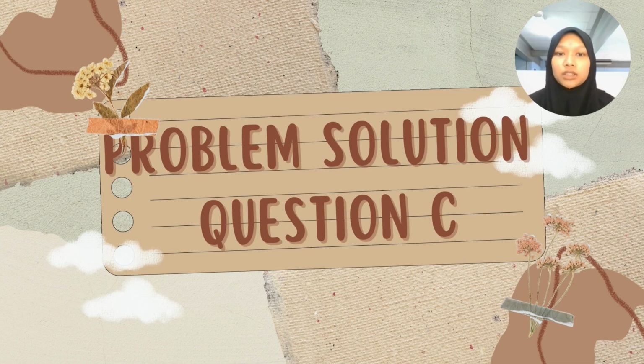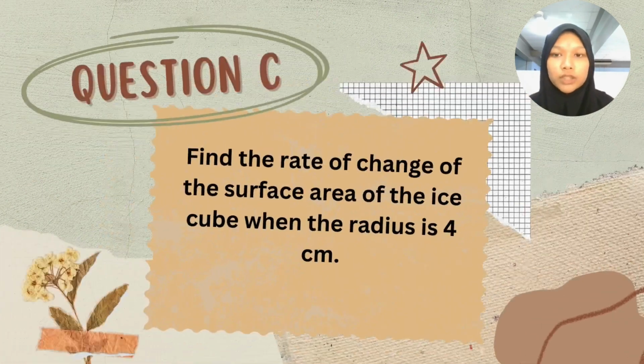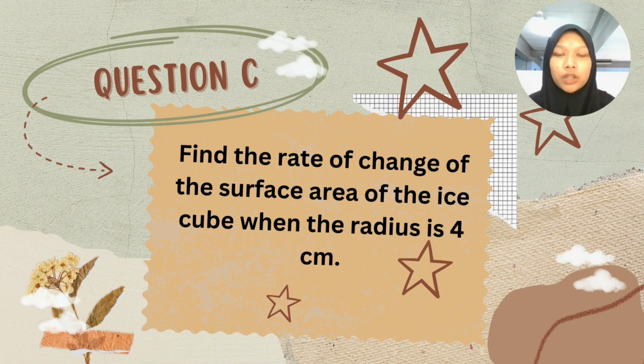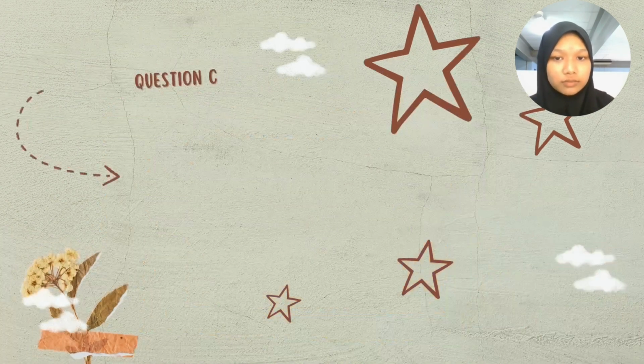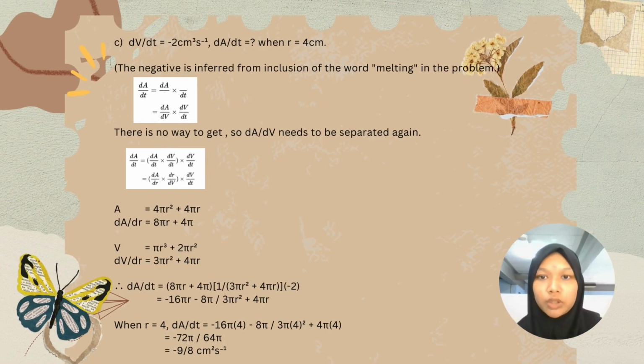So the last question is question C. This is the problem solution. Question C: find the rate of change of the surface area of the ice cube when the radius is 4 centimeters. First we need to write down the given information. The dV over dt is negative 2 centimeters cubed per second.